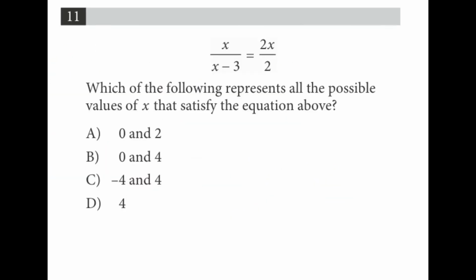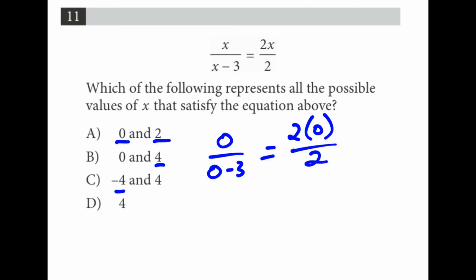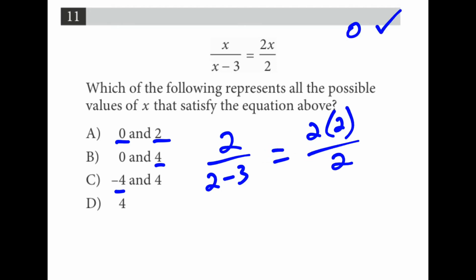So for 11, we could probably cross-multiply this and solve it, but we can also just plug in some of the values. There's only 3 possible numbers to plug in: 0, 2, 4, and negative 4, and see which ones work. So 4 are possible. If I was to plug in a 0 everywhere, I get that 0 equals 0, so that number checks out. If I tried a 2, that's going to be a negative 2, which is not equal to 2.